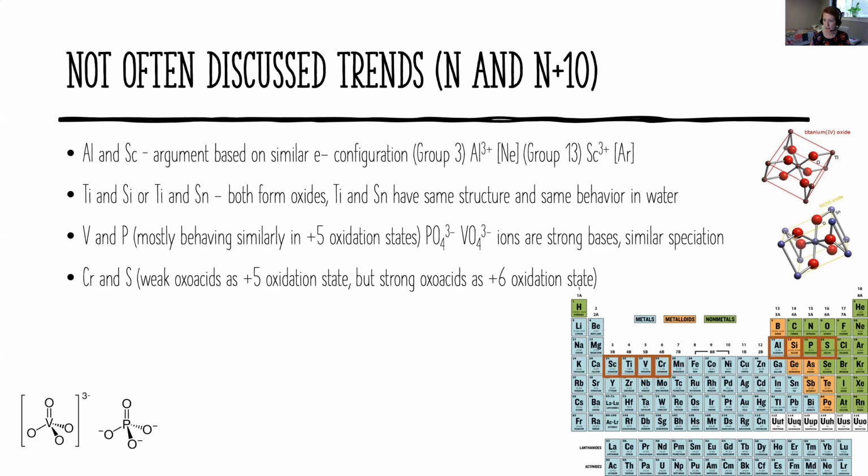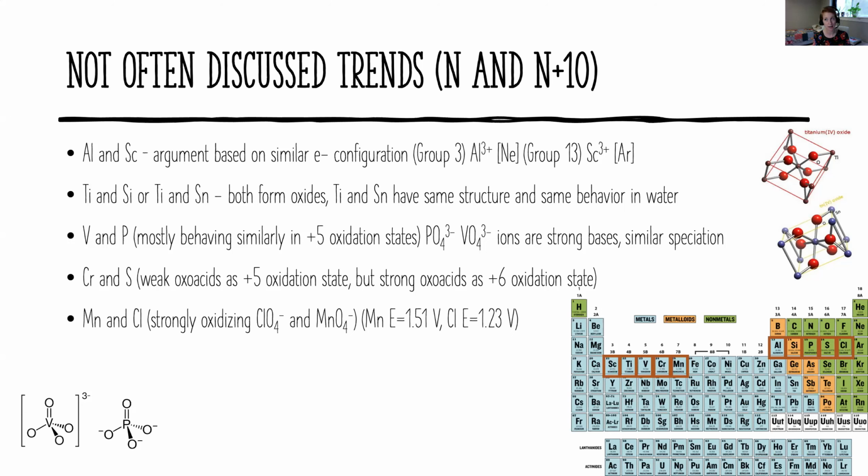The next one we're going to look at is chromium and sulfur. Again, you can think about forming those strong oxo acids in the +6 oxidation state. Sulfuric acid and chromic acid are both considered very strong acids. And then the +5 oxidation state isn't quite as strong. Finally, you've got your manganese and chlorine.